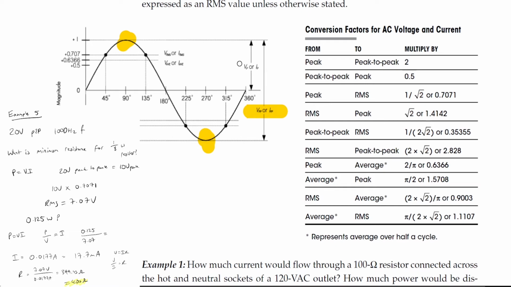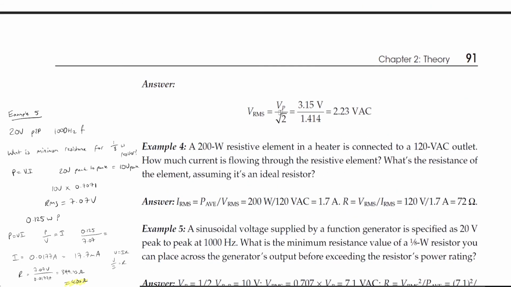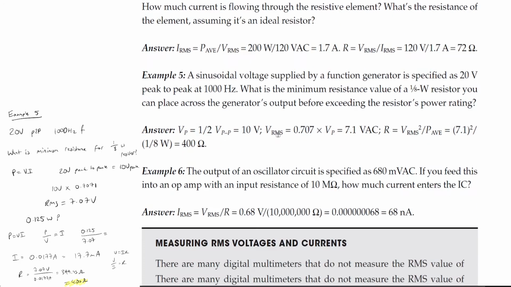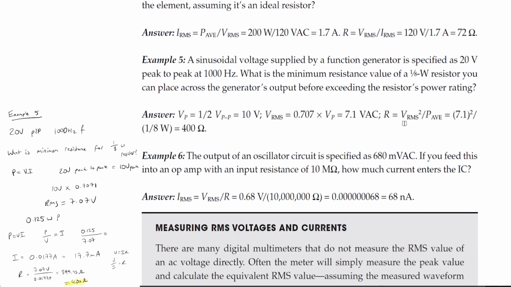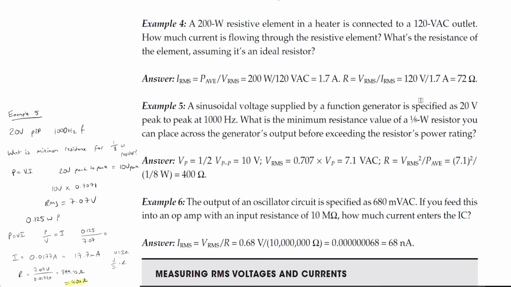Do we have our power rating? We're saying, what is the minimum resistance for a 1/8 watt? 1/8 watts, so that's just like a decimal, basically. Where's the question? Here, 1/8 watt. What's an eighth of a watt?